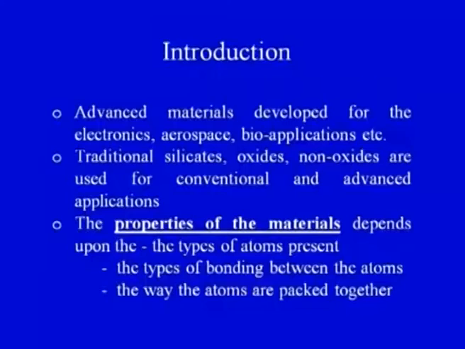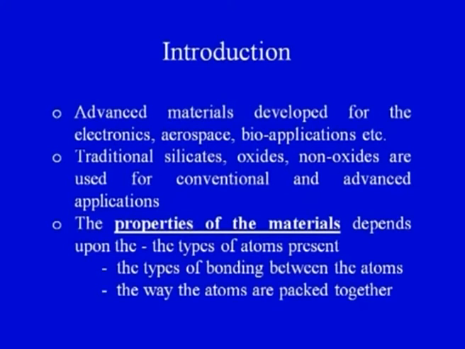Now, the important point, in some part of today's lecture we would be focusing on the third aspect on the screen, the properties of the materials. Properties means the mechanical properties, the physical properties, the chemical properties. The properties of the materials depend upon the types of atoms present. That is one important criterion which dictates the properties of a material.